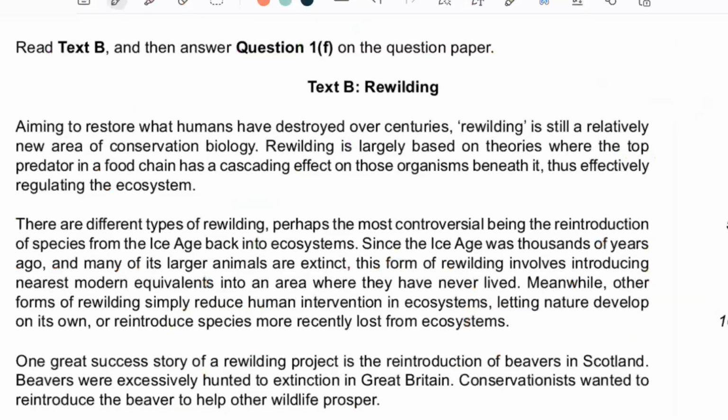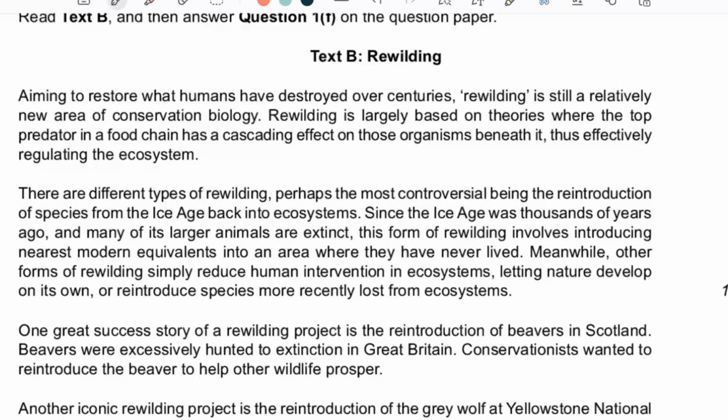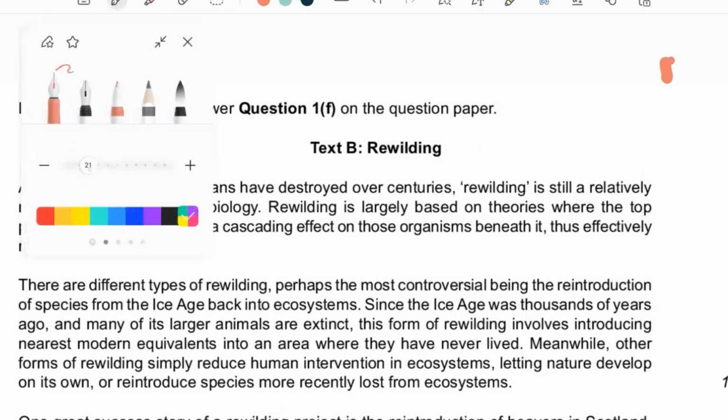Take a look. Okay, this is the text, this is the question. Now I'm going to tell you which text it is. I've already told you in the beginning that it's a May/June question paper, and you guys are aware of it, right? So this is Text B, and it's variant 1 3, May/June 2024.